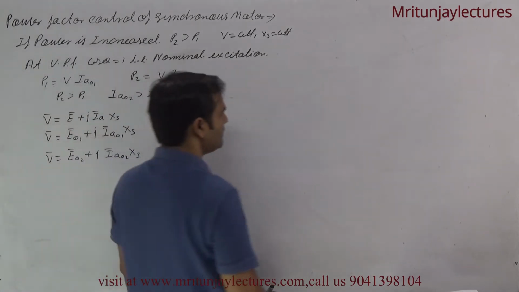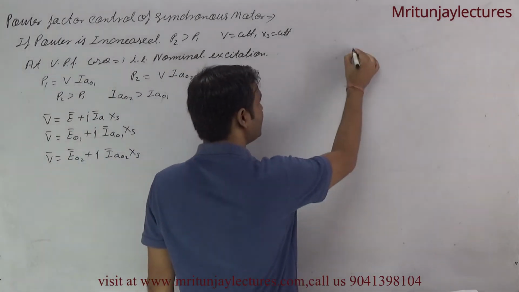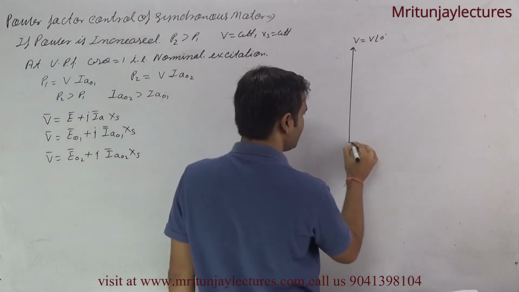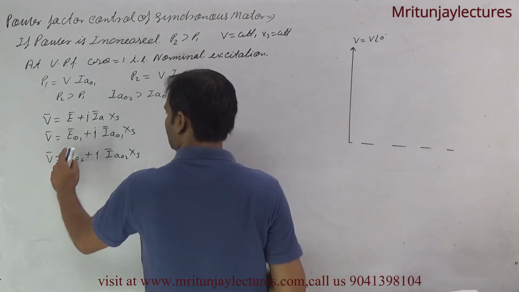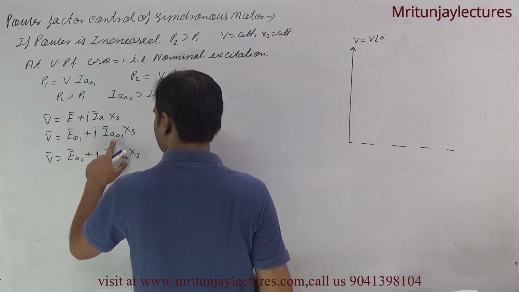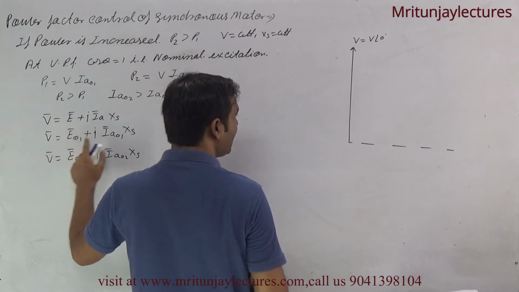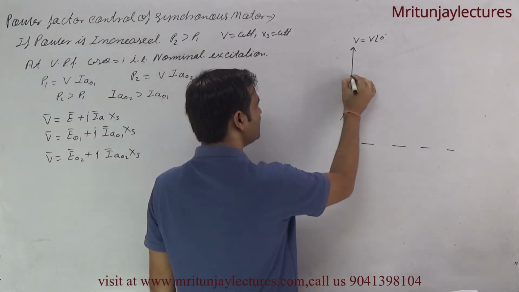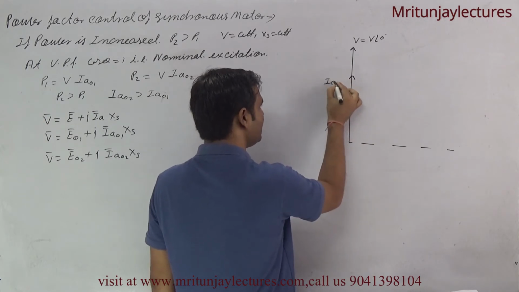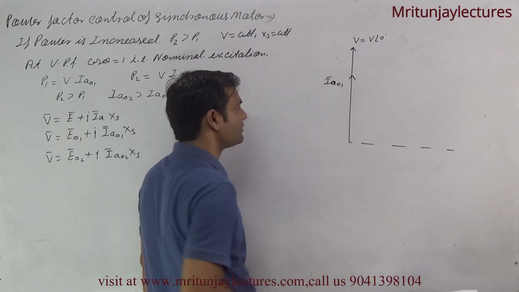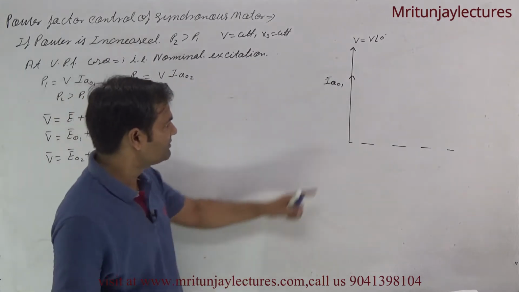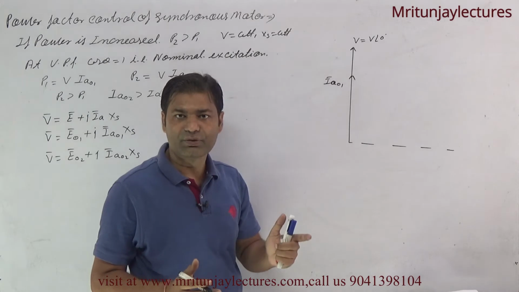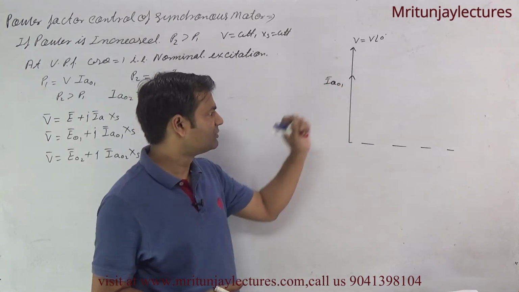Now, the terminal voltage V is equal to V at the angle 0. The excitation voltage, if the current is like this, is E01. Now IA01 is at unity power factor, that's why the angle between V and IA01 is 0.